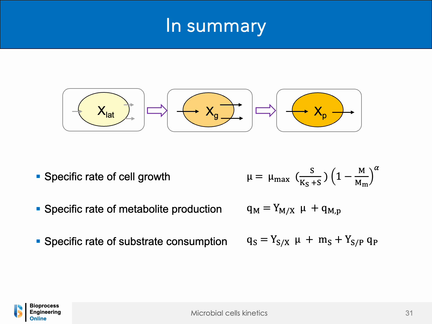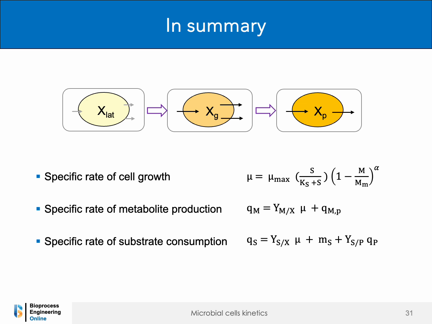In this tutorial on microbial cell kinetics, you explored the key kinetic laws used by bioprocess engineers to model the time-dependent variations in substrate, biomass, metabolite, and protein concentrations in fermenters.